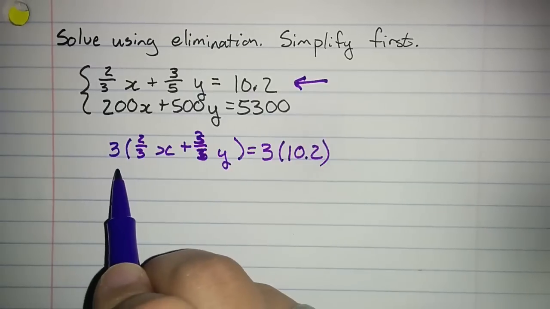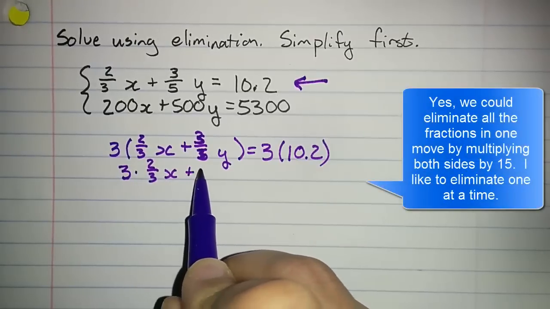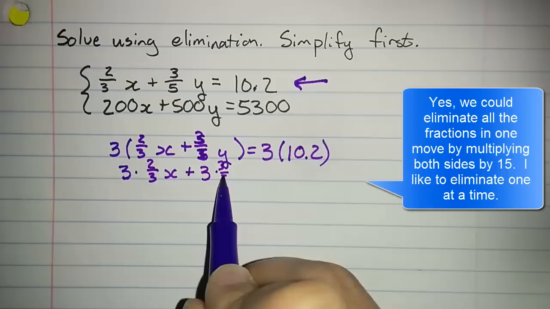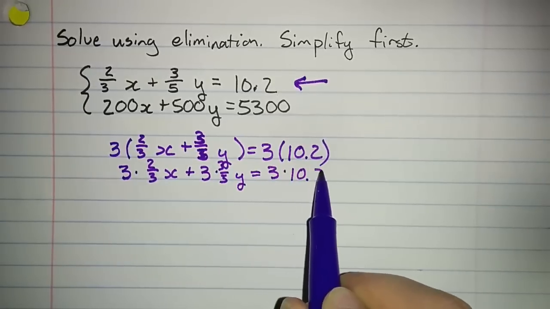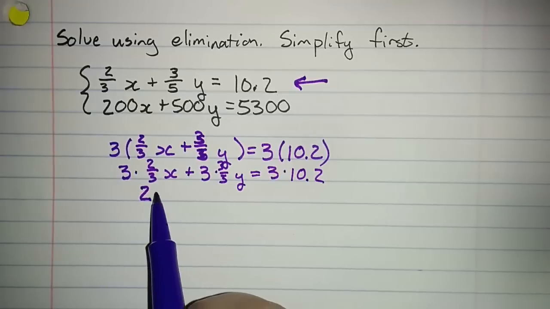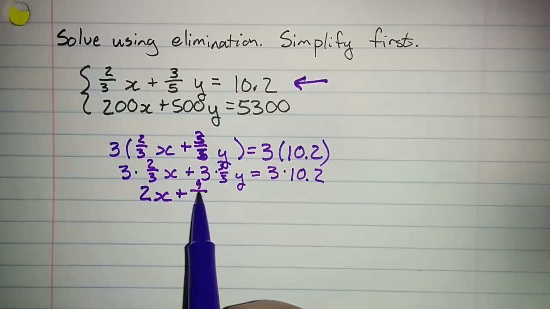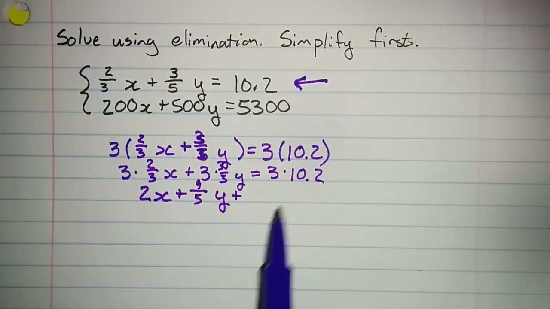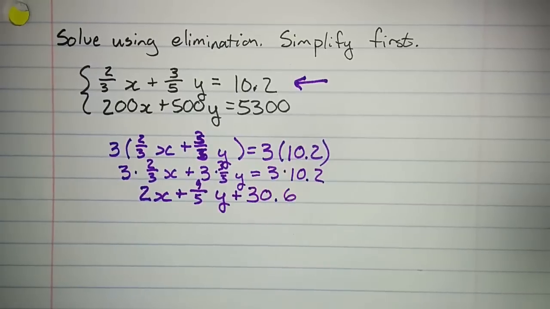When I do this multiplication, I'll get 3 times 2/3 x plus 3 times 3/5 y equals 3 times 10.2. 3 times 2/3, of course, that'll just be 2. 3 times 3/5, I guess that's going to be 9/5. 3 times 10.2, that's going to be 30.6.